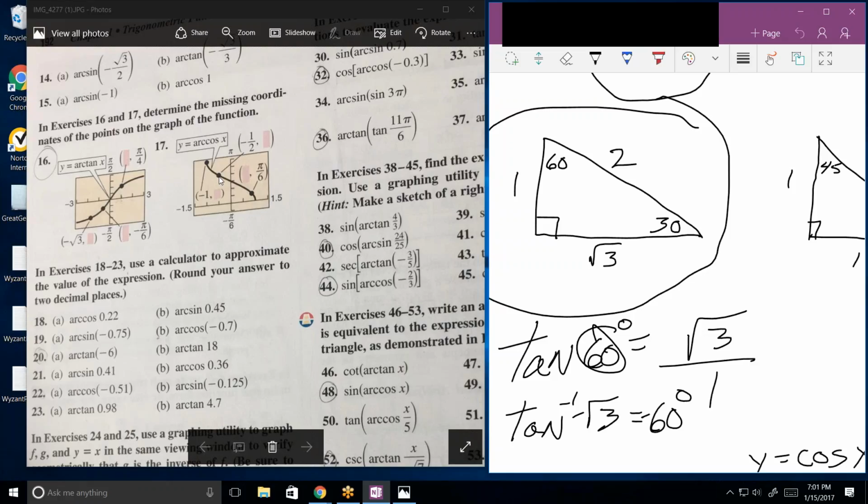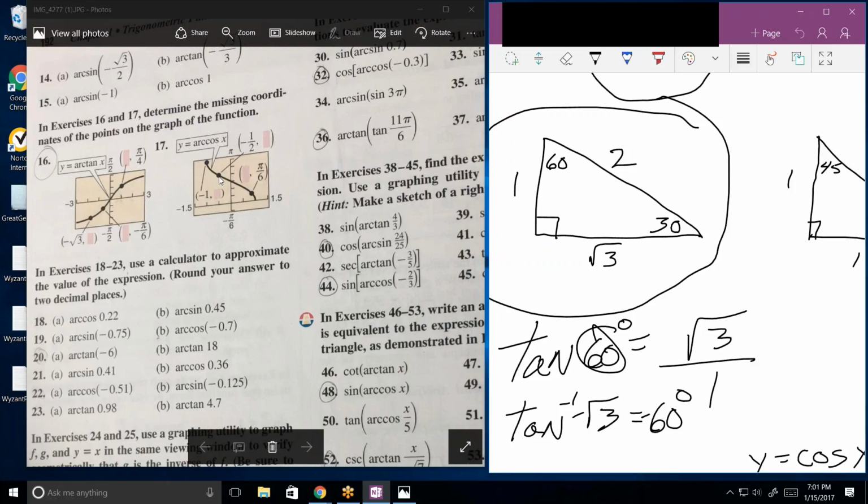Sorry, I'm wrong. Let me think for a minute. It's -1/2. Notice that that can't be 60 degrees, that angle that we're looking at there.